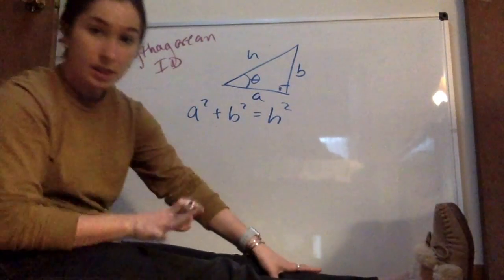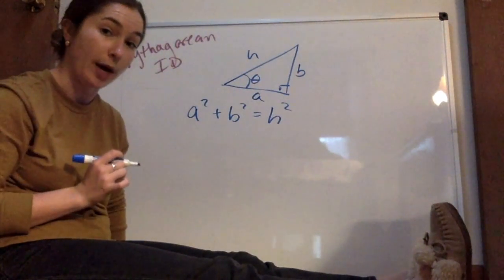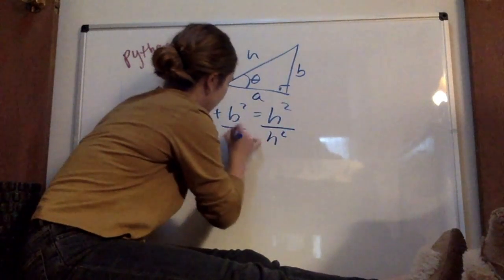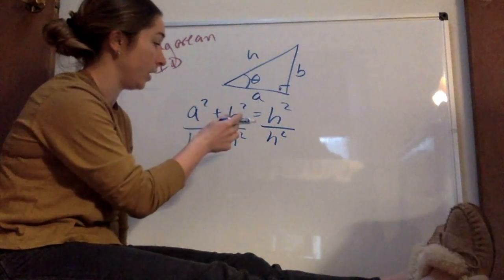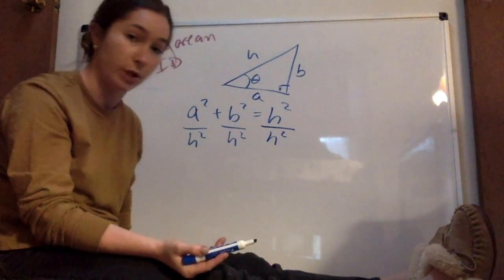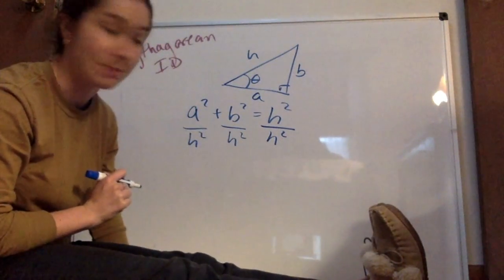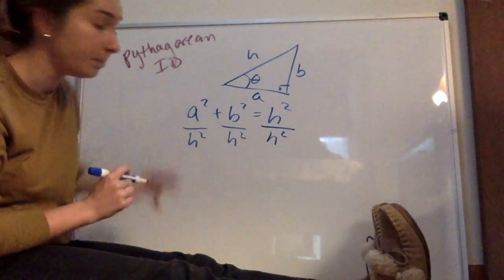If I divide the whole thing by H squared, by my hypotenuse squared, and I can do that because if I do it to one thing, I just have to do it to everything to balance out the equation. I'm not changing the value of the equation at all. But now, by properties of exponents, I can take out my exponent if it's the same on the top and the bottom.